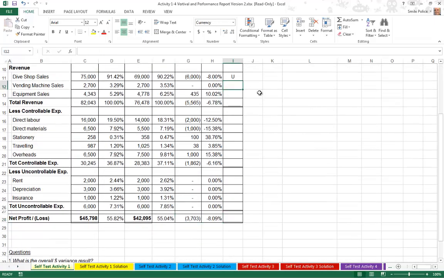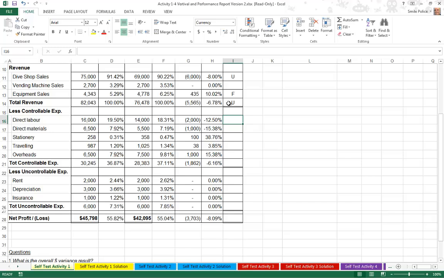There I've got 0, so I don't put anything in there. Equipment sales, we actually sold more than we expected, so it's favorable. Total revenue, we received less revenue than we thought. We thought we were going to get 82,000, we got 76,000. So that's unfavorable. We're not happy about that.